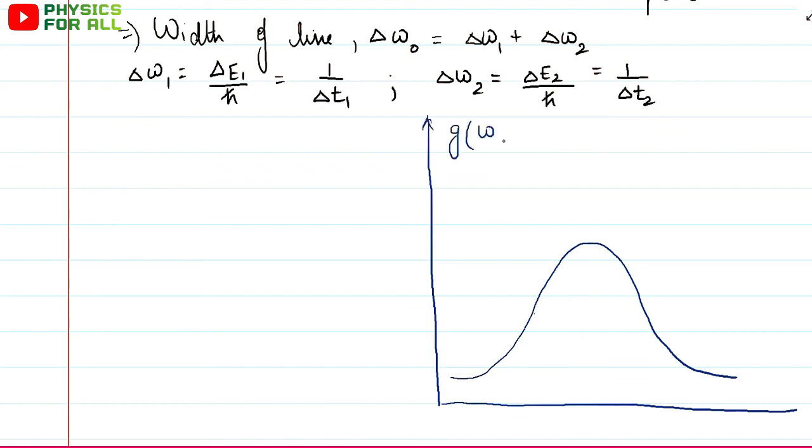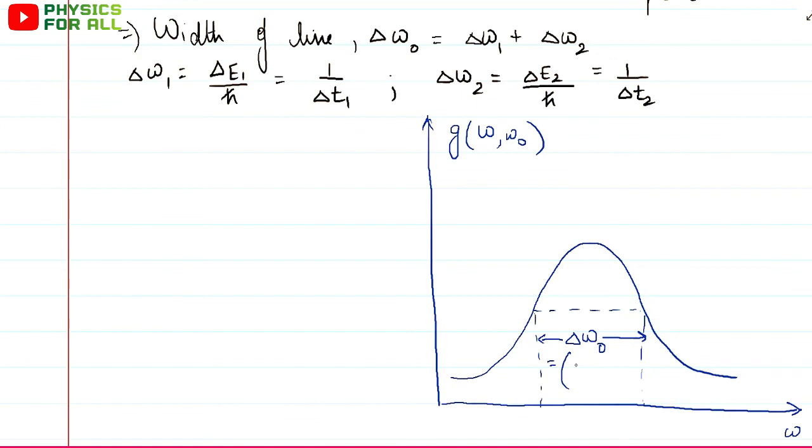So this is always our G omega. You can write omega naught as well. And this is our omega. This is the Lorentz plot. And whatever spread is there, this is the delta omega naught, the line spread, which is further the sum of delta omega 1 plus delta omega 2.